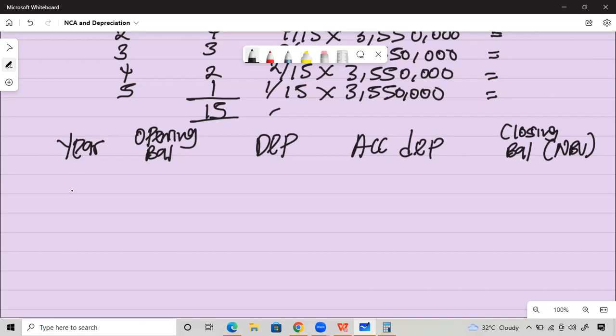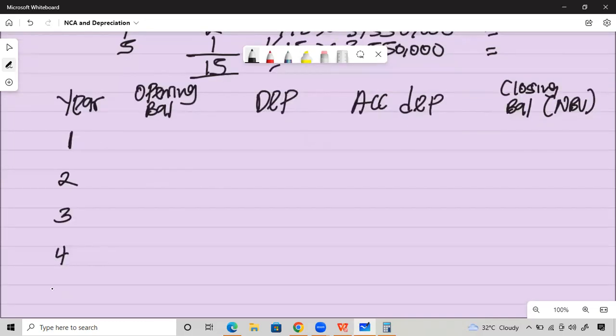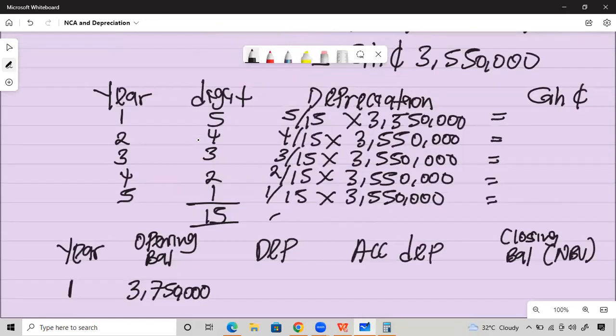We have year 1, we have 2, 3, 4, and we also have 5. When we say the opening balance, what is the cost? The cost is 3,750,000. Now, you need to get this figure so that we can proceed.